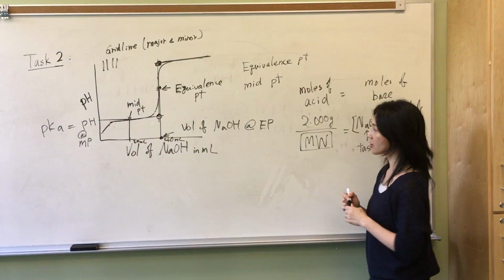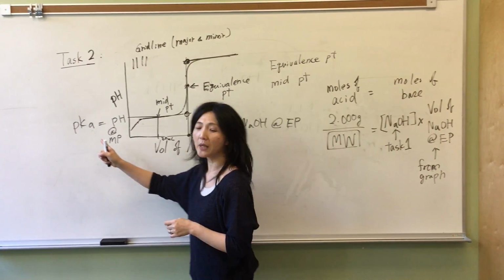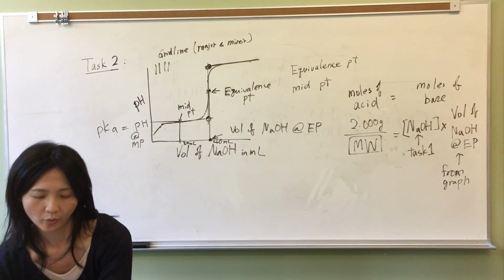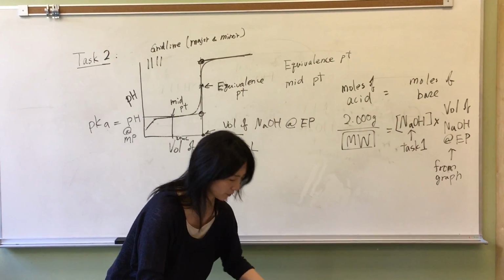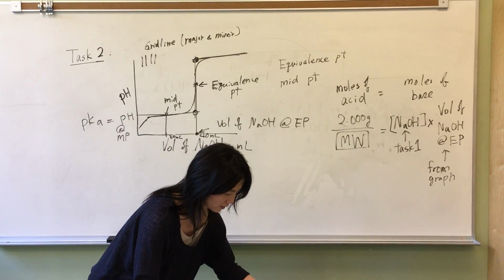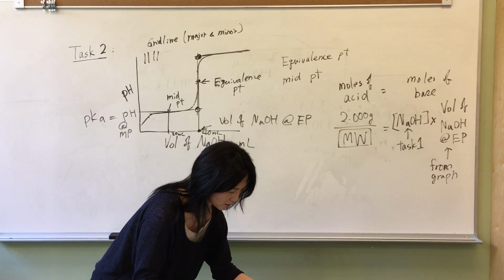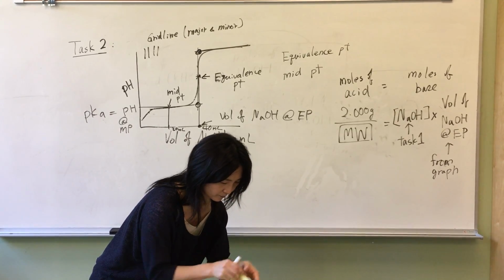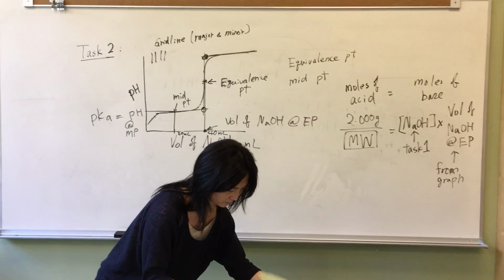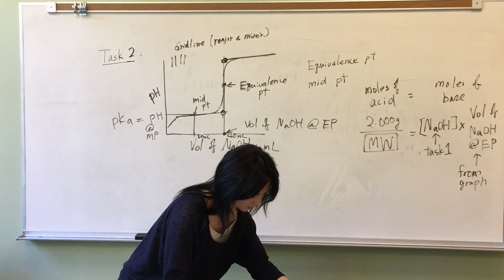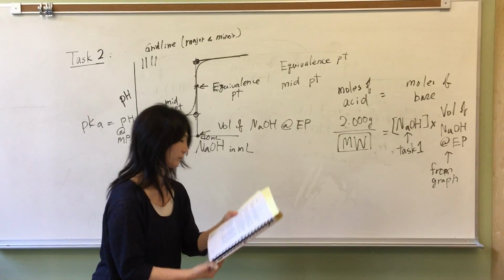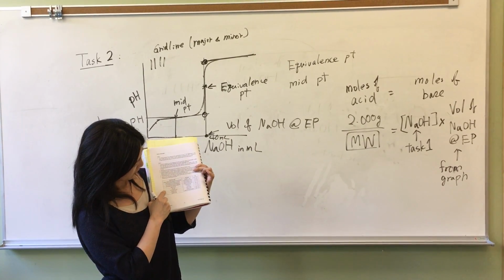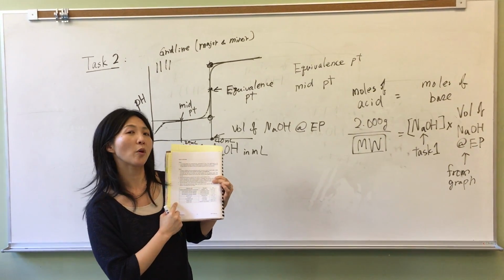Okay. Based on the molecular weight and this pKa, there is a table for the possible unknowns, which is on page 79. Okay. So there's 1, 2, 3, 4, 5, 6, 7, 8, 9 possible unknown acids.